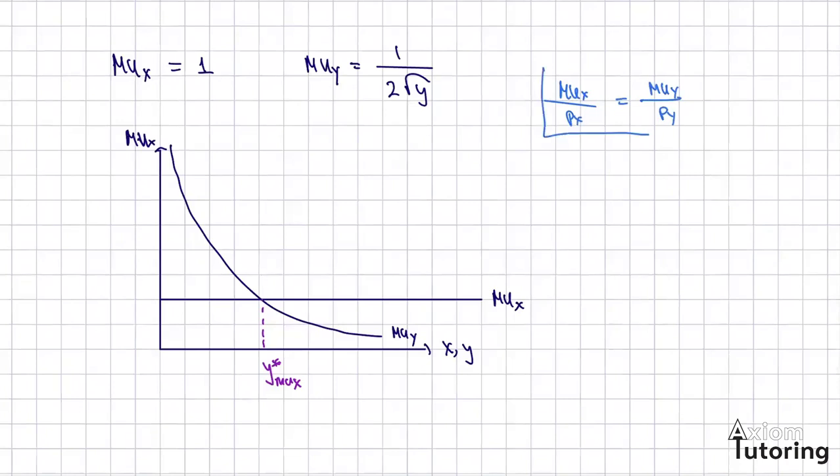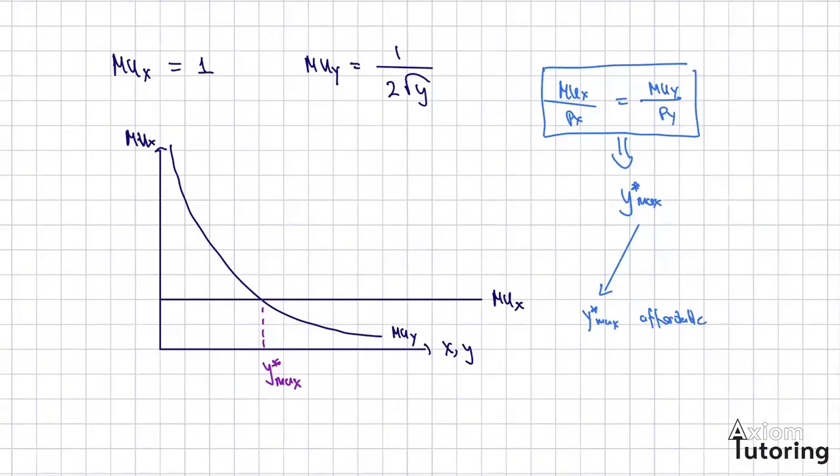What will come out of this is simply an expression for y star max, which is the maximum amount of y that you'd want to buy. And now you're at a crossroad. You can ask whether you can afford it, right? Is y star max affordable?